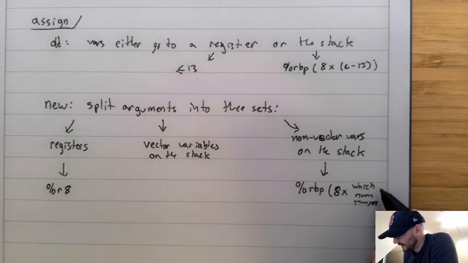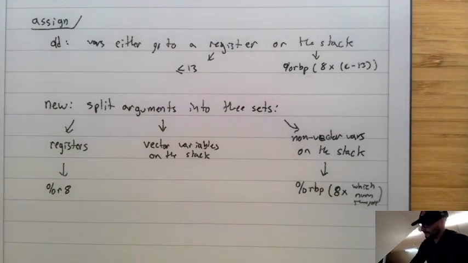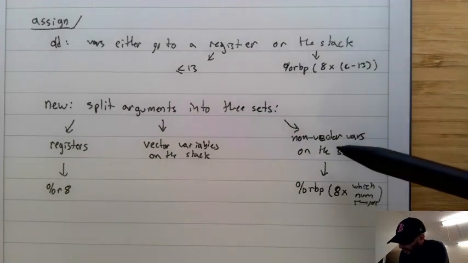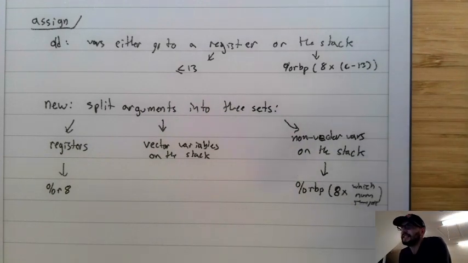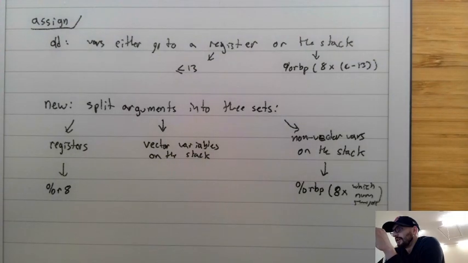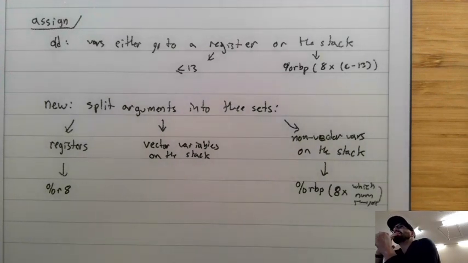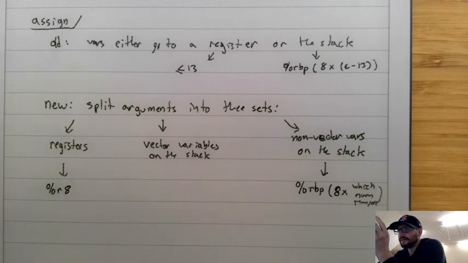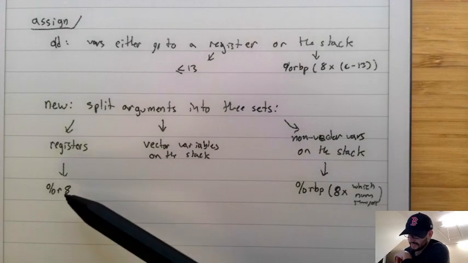Now, what do I mean by which number they are? What I mean by that is that we're going to look at all the colors that come back, and suppose that there were 10 registers. Then the first 10 things are always going to be registers. So that's this category.